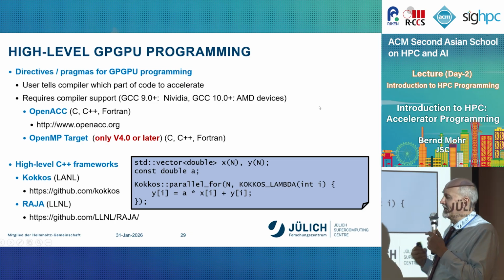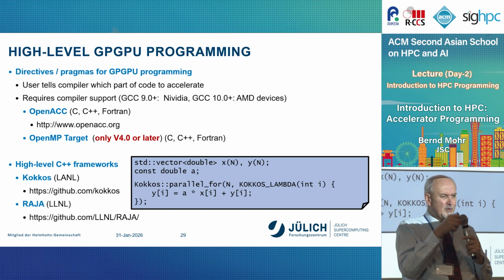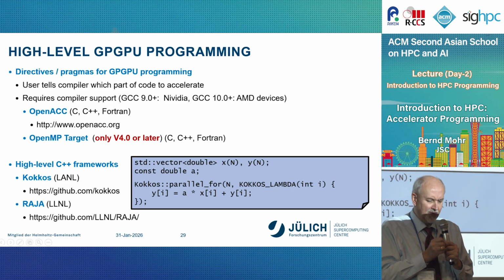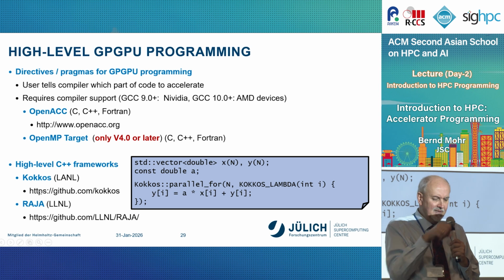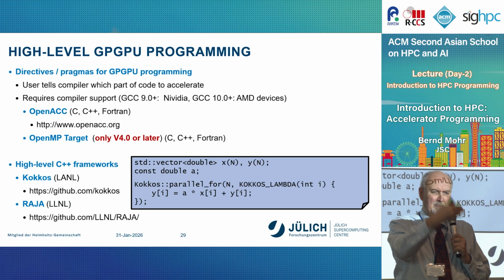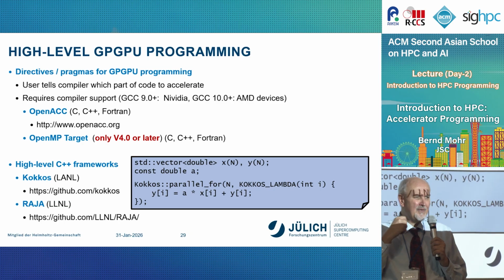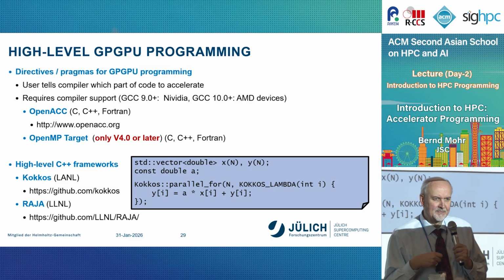One of the things is that people liked the idea of OpenMP. You don't do anything very special. You don't say how to do this and this and this. You just say make this parallel, split up the loop. And I thought this is useful, and I want to have the same thing for GPUs.